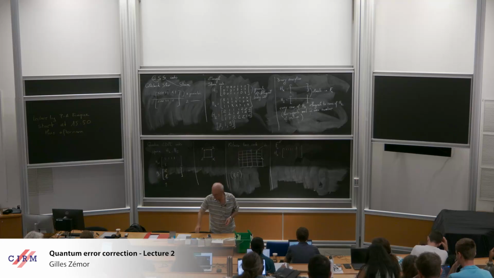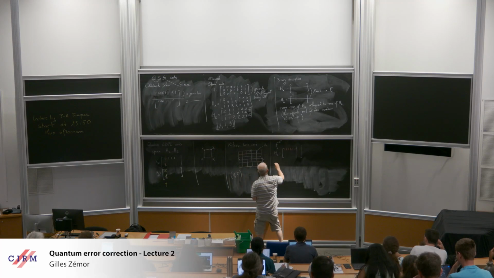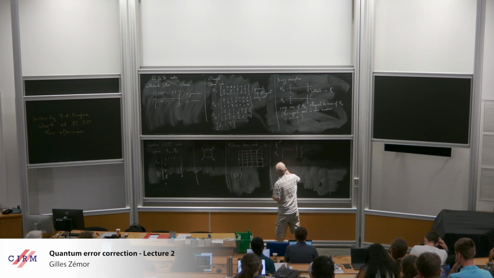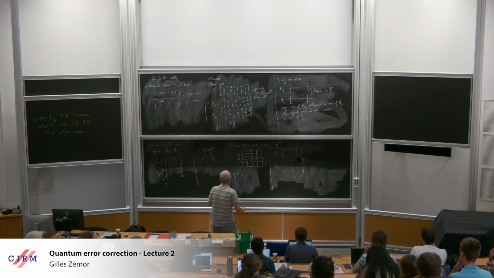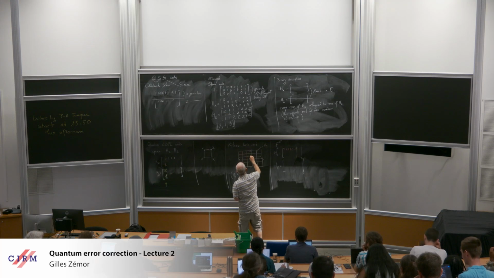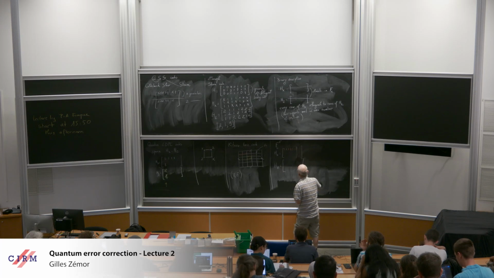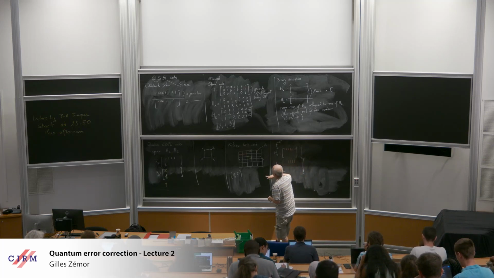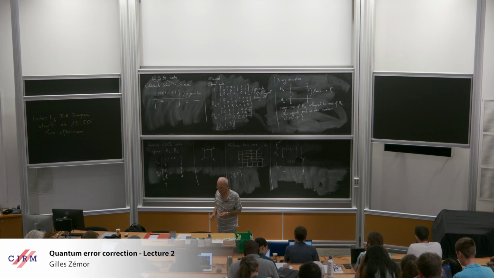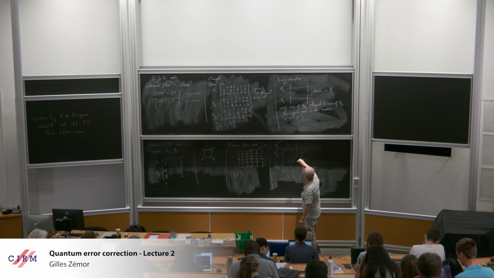And for Hz, we will use the squares instead. So we'll put rows supported by every little square. And now you can see that every row of Hx will be orthogonal to every row of Hz.